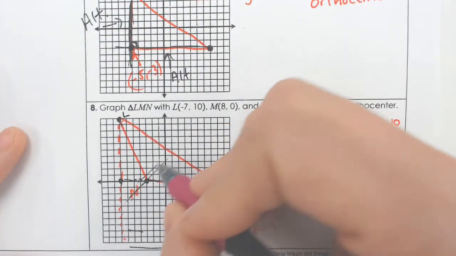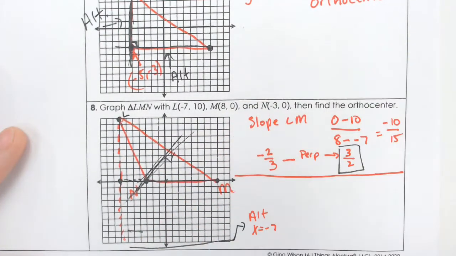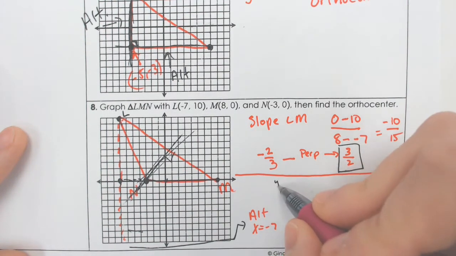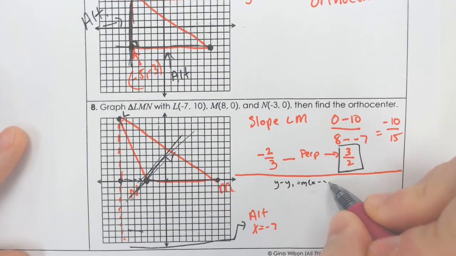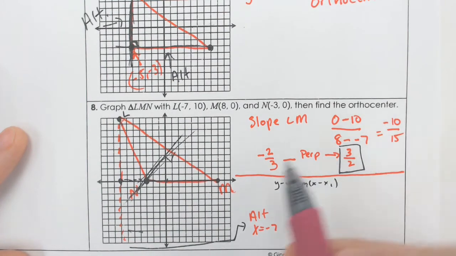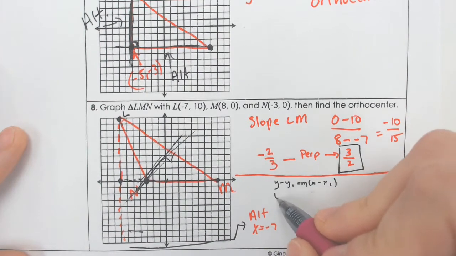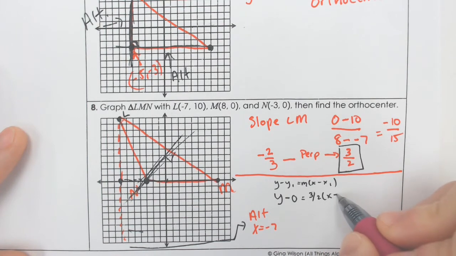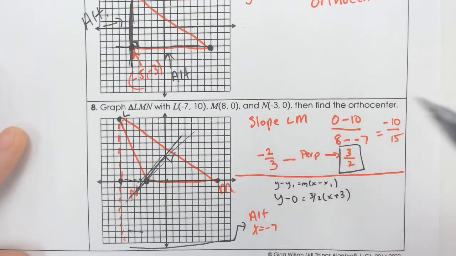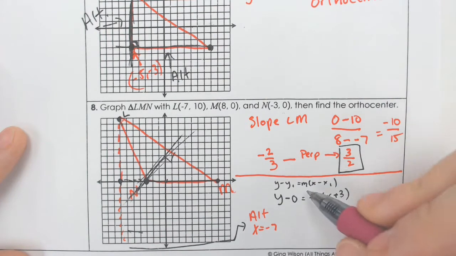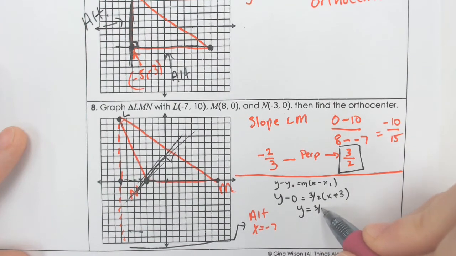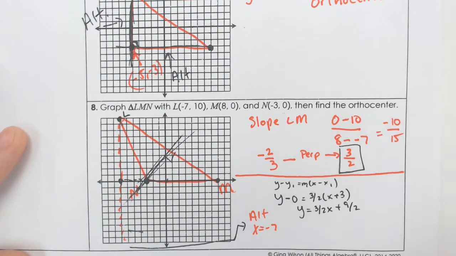So we're looking for something that kind of does that, where it's perpendicular to it and goes through point N. So that means that we need to use our point slope formula, y minus y1 equals m(x minus x1), plug in our perpendicular slope, and plug in point N. So y minus 0 would equal 3 over 2, x minus negative 3 turns into a plus 3, plugging in point N. Distribute the 3 over 2, you would get y equals 3 over 2x plus 9 over 2.